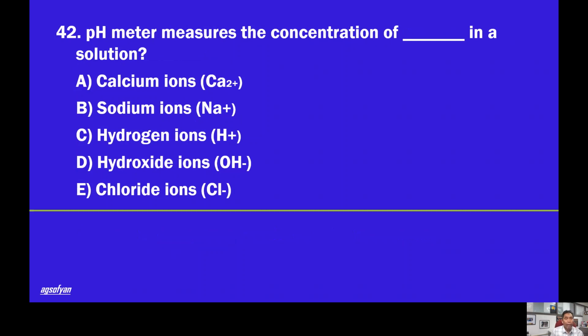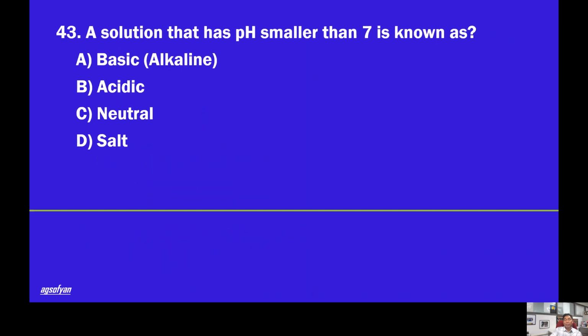Number 42. A pH meter measures the concentration of blank in a solution. A. Calcium ions. B. Sodium ions. C. Hydrogen ions. D. Hydroxide ions. E. Chloride ions. Choose your answer. Yes, a pH meter measures the concentration of hydrogen ions in a solution.